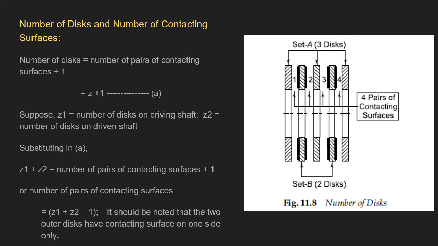That is, the number of pairs of contacting surfaces will be Z1 plus Z2 minus 1. We should also note that the two outer discs, disc 1 and disc 5 here, have contacting surfaces on only one side.